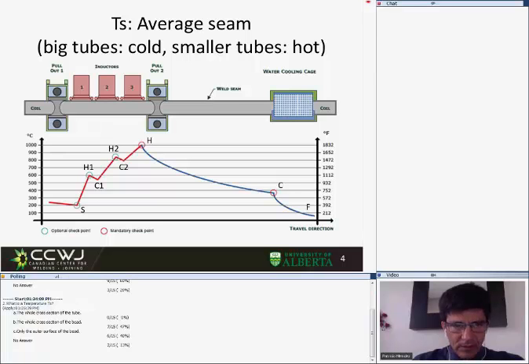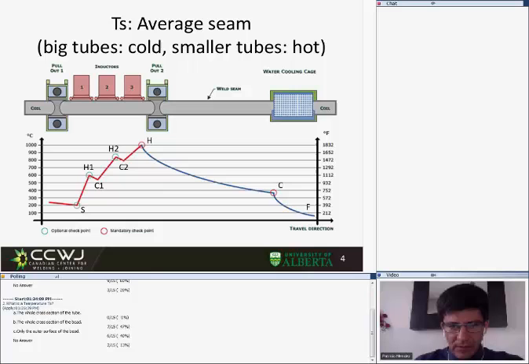But we are not very used to checking this temperature. So I would like my companions to try to measure this temperature on their lines to see what it is.